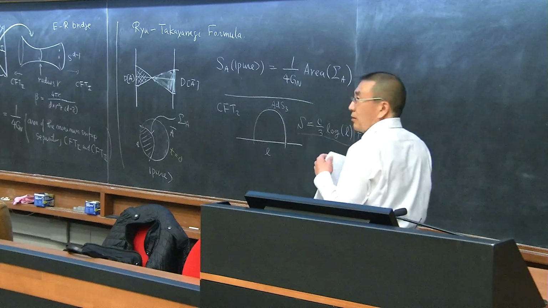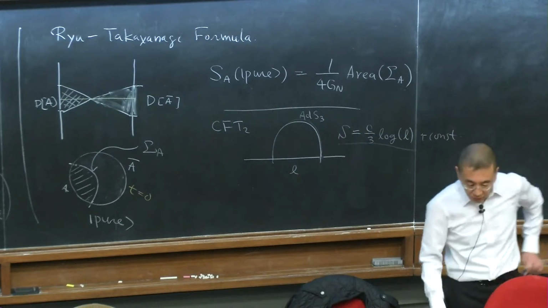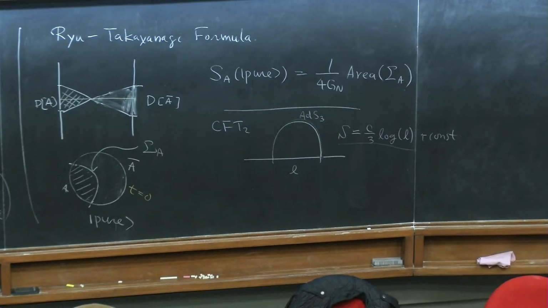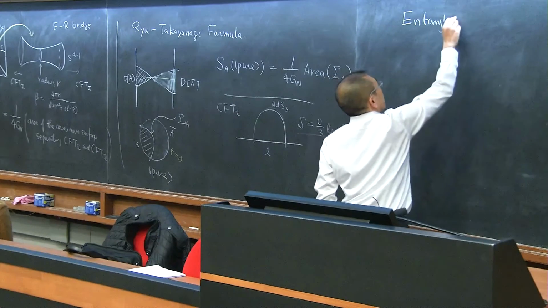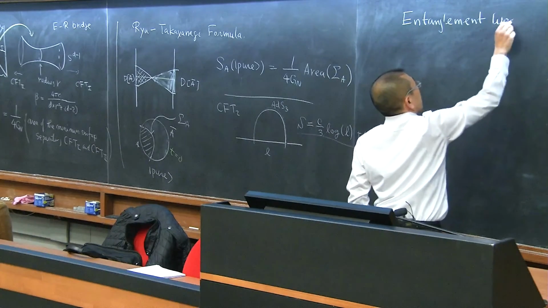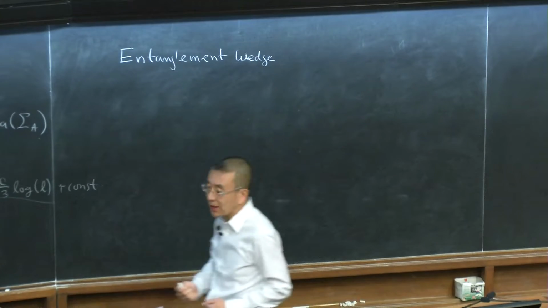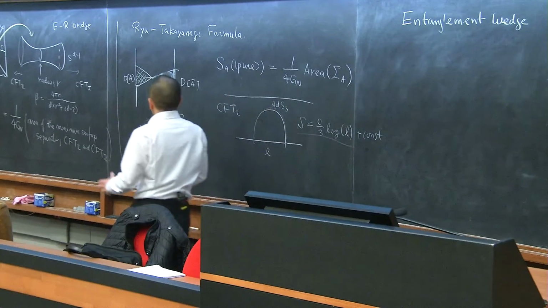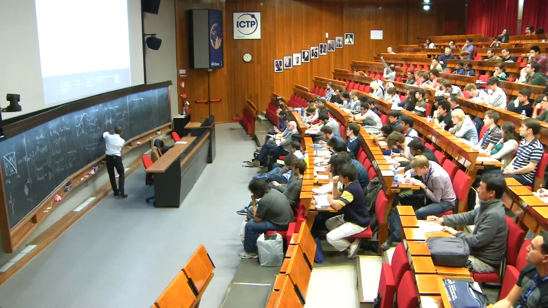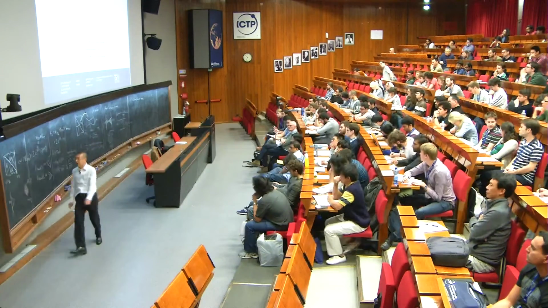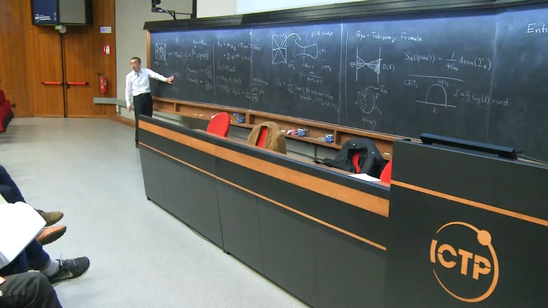Okay? But this leads us to a new kind of idea called the entanglement wedge, which is a slightly different notion compared to the causal wedge that we have been talking about. So I defined a couple of lectures ago the notion of causal wedge, which is that if you take the region A, so I draw it over here, if you take the space-like section of the conformal field theory, you can define the domain of dependence.